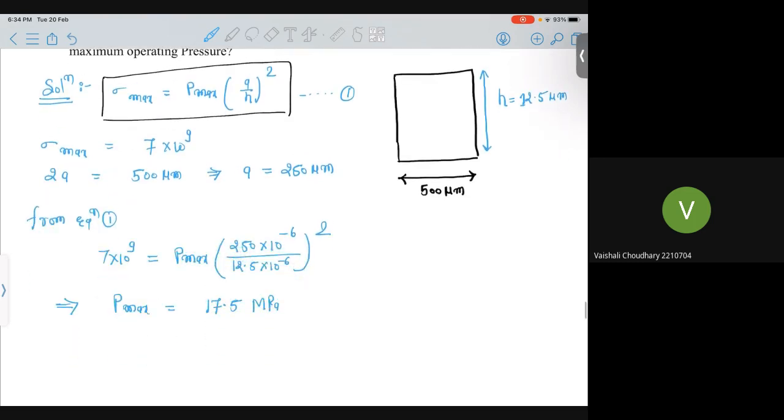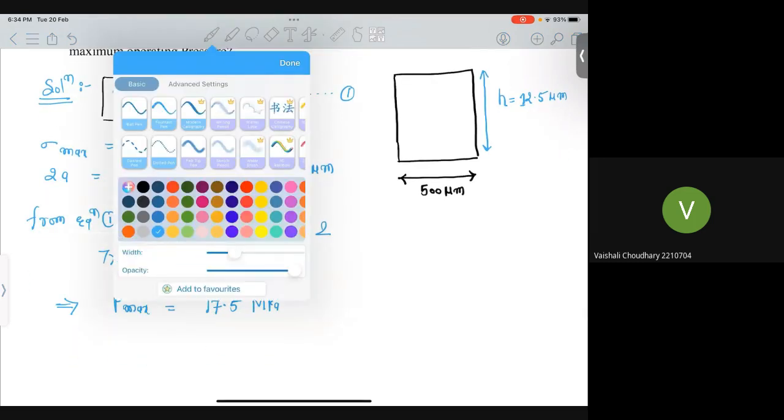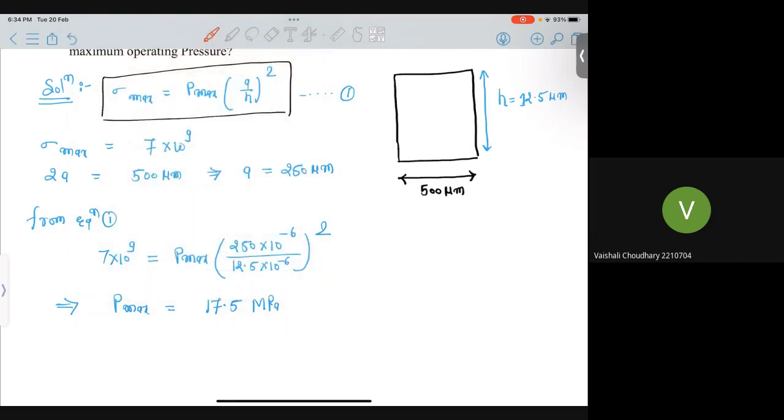So we have solved, this is the maximum operating pressure, right?